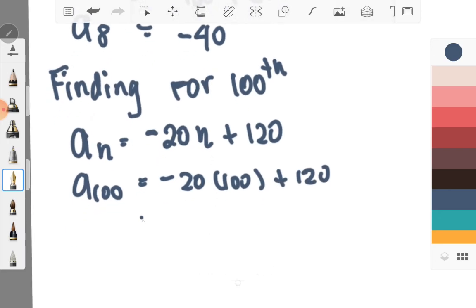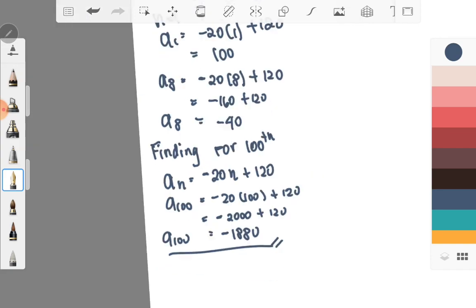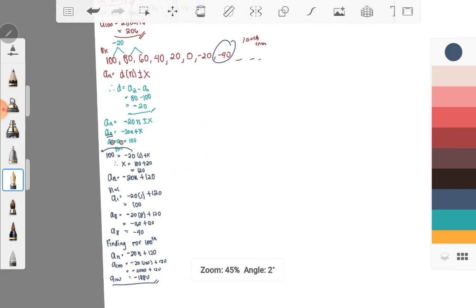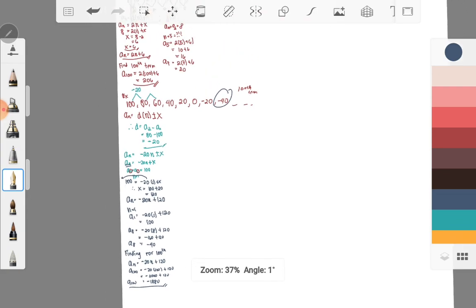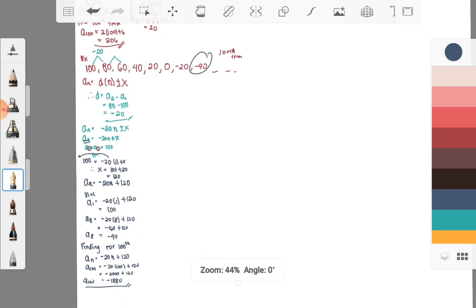So, therefore, I have negative 2000 plus 120, which is equal to negative 1880. That is my A100. Right? Okay na? Okay.